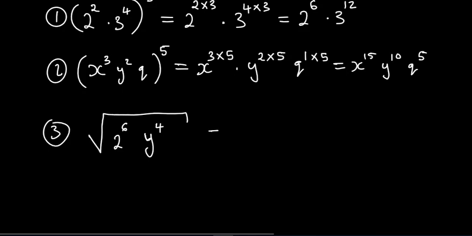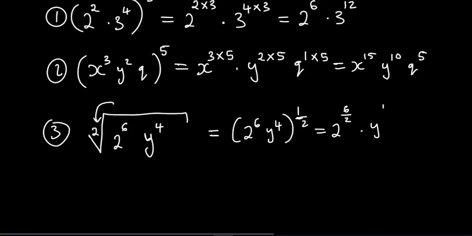So this will give rise to 2 to the exponent of 6, y to the exponent of 4, but then 1 over 2. Please remember, if there is nothing there, it means the number is a 2 for the roots. This will give rise to 2 to the exponent 6 over 2, times y to the exponent 4 over 2, which gives 2 to the exponent of 3, y to the exponent of 2.